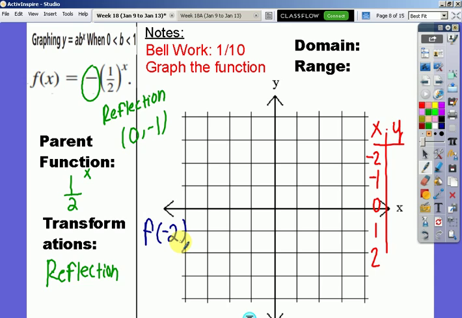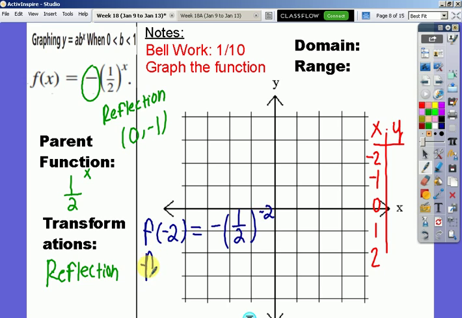So f of -2 equals -1/2 to the -2. How do I change that -2 to a +2? Yes, I look at the reciprocal.